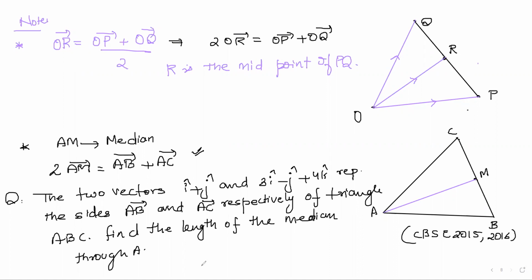So if I say that AM is a median, then AM is 2J cap plus 2K cap. Yes, that's correct, Umair. Divide that with 2 and you will get the correct answer. Rifat, please correct it. Your answer is correct further. Just calculate the magnitude. Abdur, please share your answer.